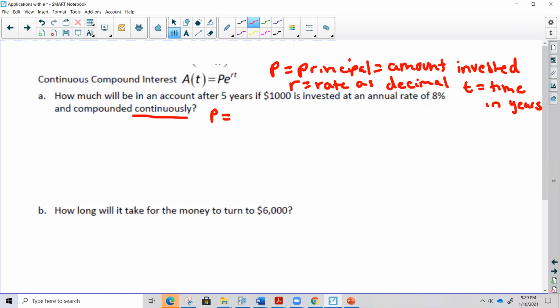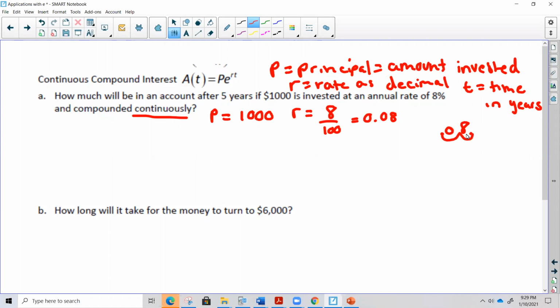P is the amount we invested, so that would be 1,000. r is the rate as a decimal, so 8% as a decimal. To find r, you can either take 8 and divide it by 100, which gives you 0.08, or if you think about it as moving the decimal places, you move it 2 to the left.